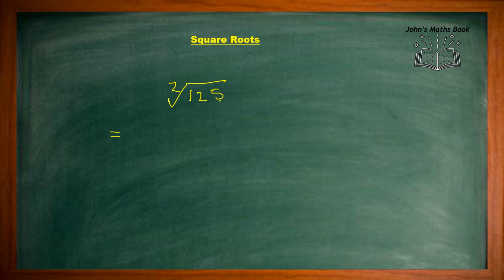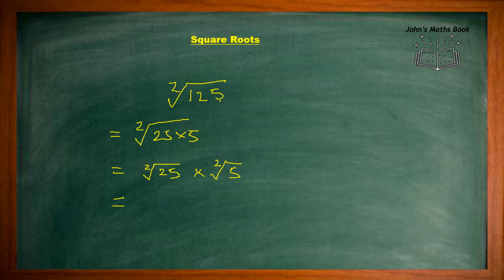It can be equal to the square root of 25 times 5, because 25 times 5 is 125. So this can be further written as the square root of 25 multiplied by the square root of 5, which can be written as this.